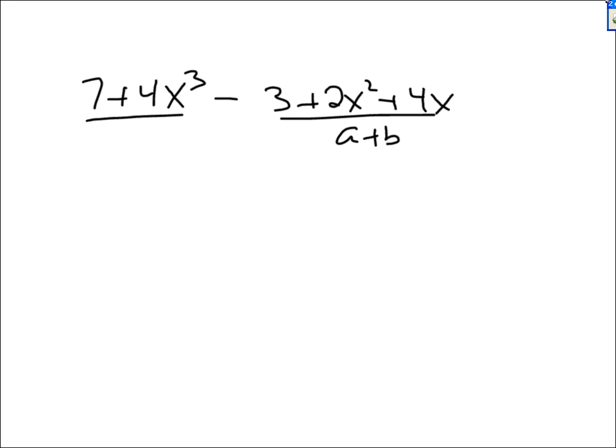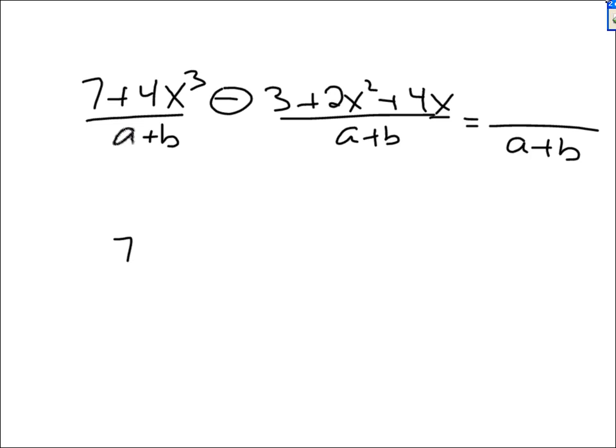Okay, so you're being asked to subtract these two fractions. And the denominators are the same. So that makes life a little bit easier. The denominator stays the same, and you just have to subtract the numerators.